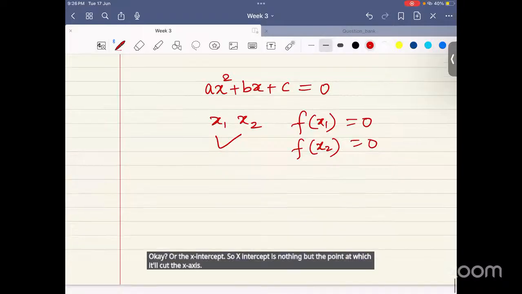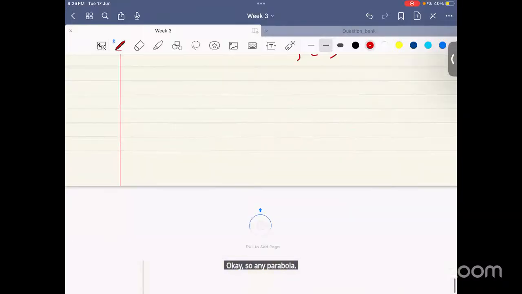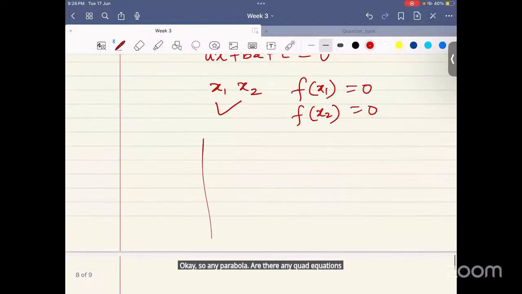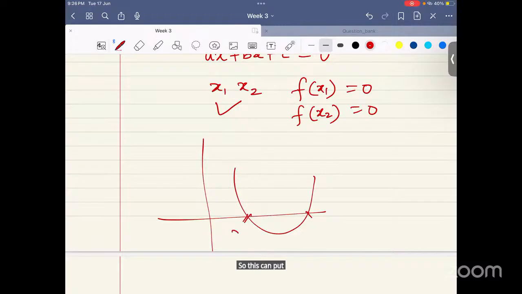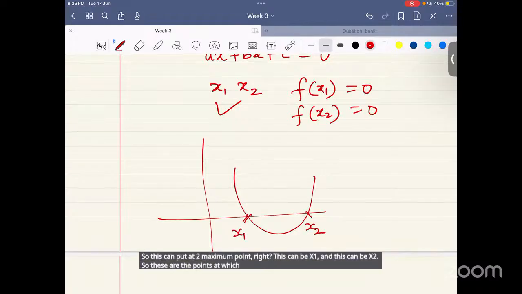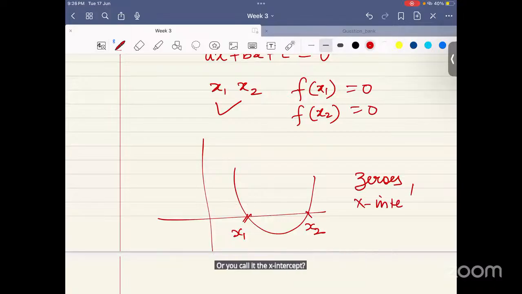Any parabola or quadratic equation can cut at 2 points maximum. This can be x1 and this can be x2. These are the points at which the function is cutting the x-axis. You call it the zeros of the function, or the x-intercept, or the root of this equation.